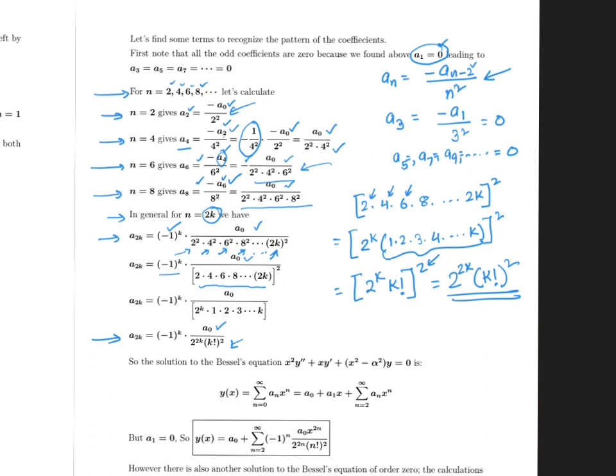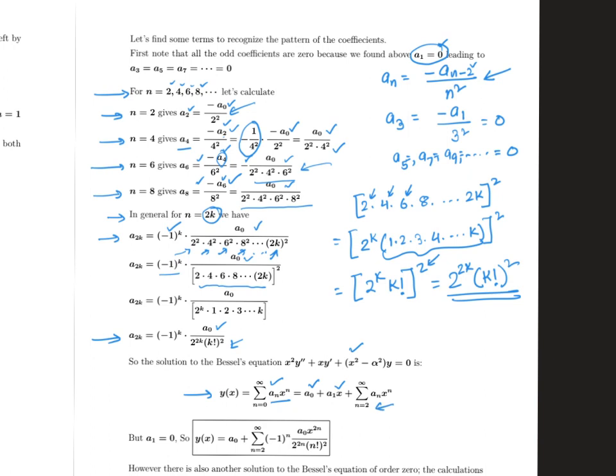Okay, so a sub 2k. Now remember, my assumption for this equation was that my solution is going to be of this format: y of x is equal to summation n equals 0 to infinity a sub n x to the power n. Remember, we isolated the first two terms, a sub 0 plus a sub 1 times x, plus n starting from 2.